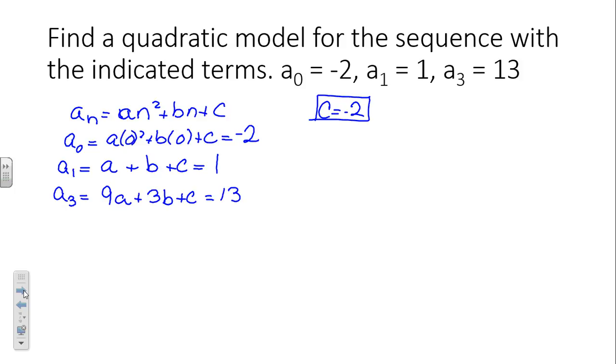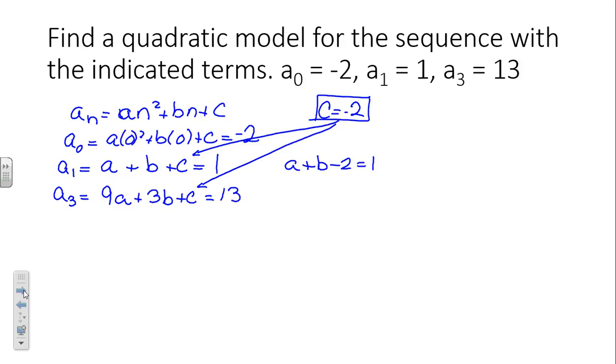So we have 2 equations with 2 unknowns, and a third equation with a known value. Actually, three equations with 2 unknowns. So we can substitute -2 in for everywhere we see c. So we'll have a plus b minus 2 is 1.